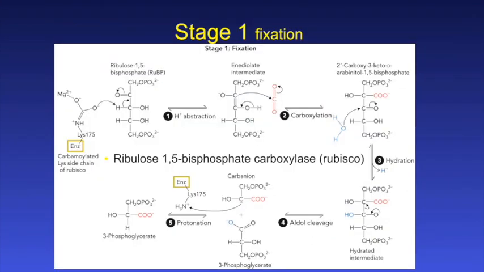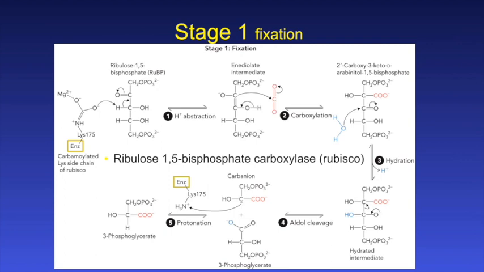Okay. Stage 1 is the fixation step. It is completed by ribulose 1,5-bisphosphate carboxylase. Okay? Just because we're biochemists and scientists, we're lazy, so we call that Rubisco. All right? And so, what does it say? It says, I'm going to take the molecule ribulose 1,5-bisphosphate.